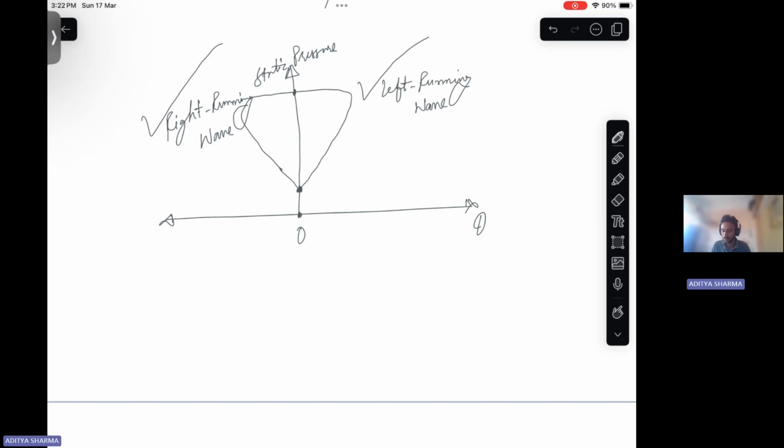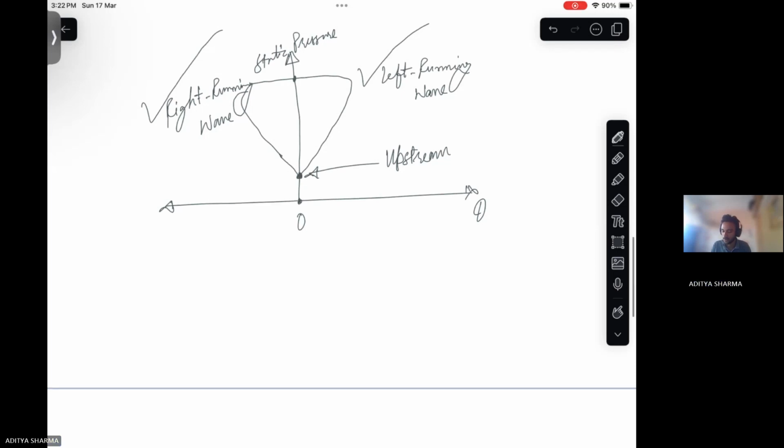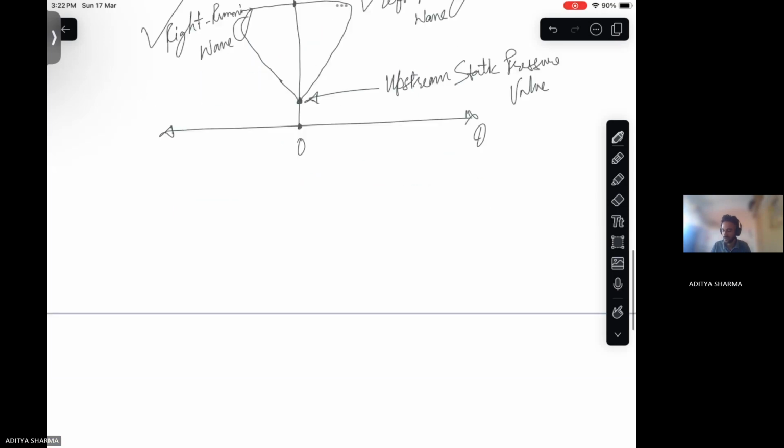So this is the initial static pressure value, the upstream static pressure value, ahead of the oblique shock wave.